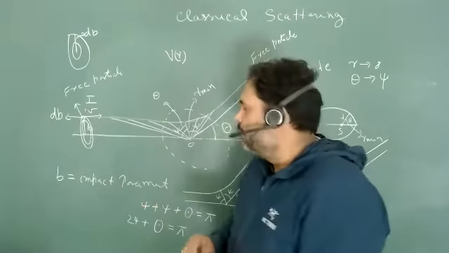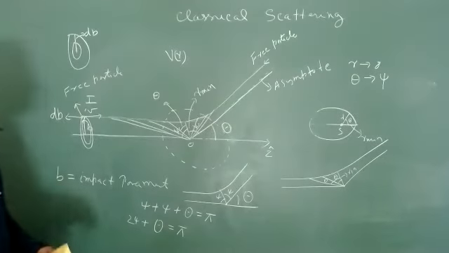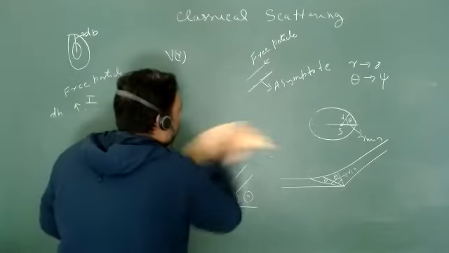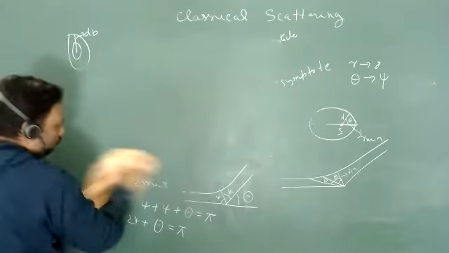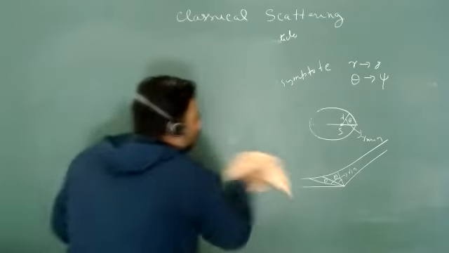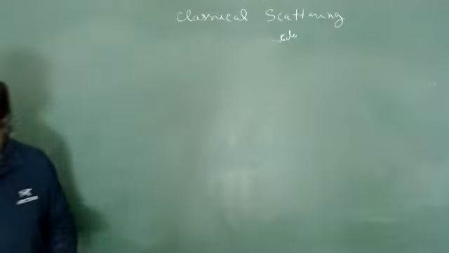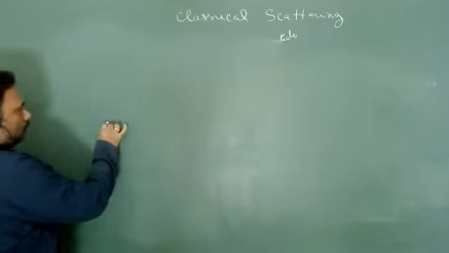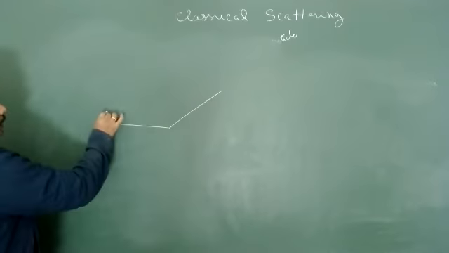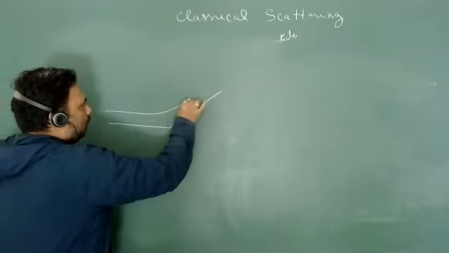So this is very interesting. Now let's go for a formulation of all this. The last concept we have to understand here: I can make a smaller picture, and obviously the particle is coming and just going like that.